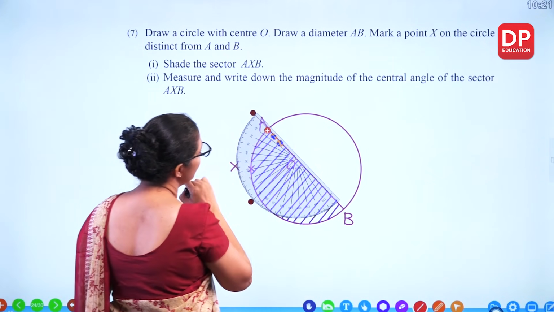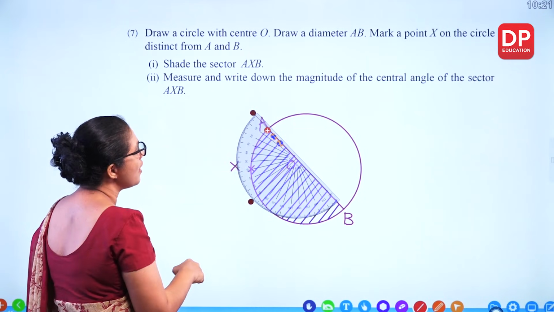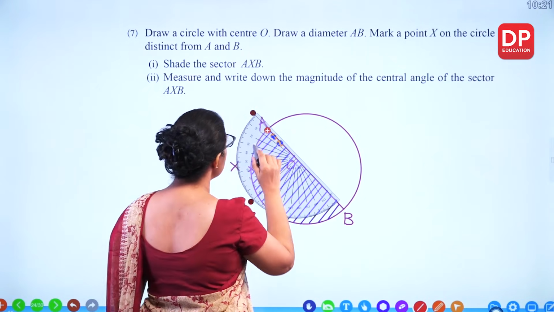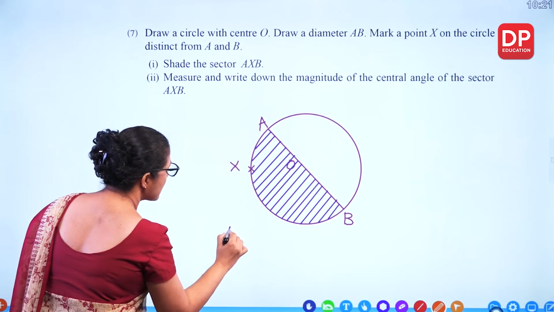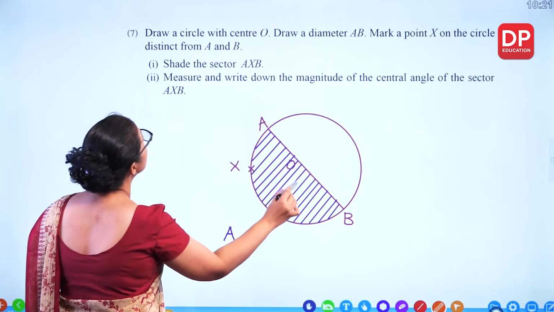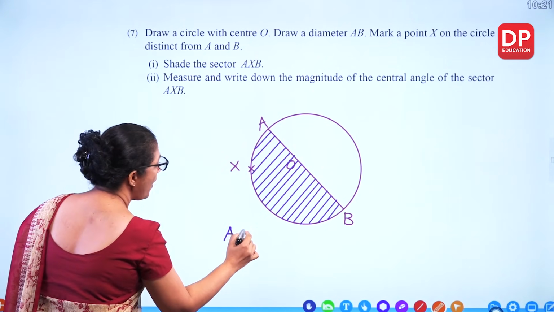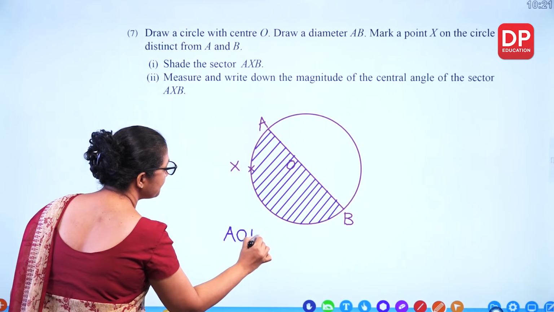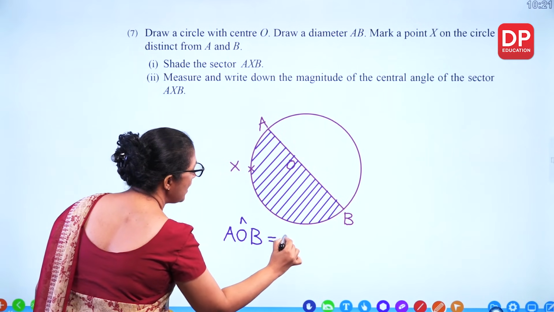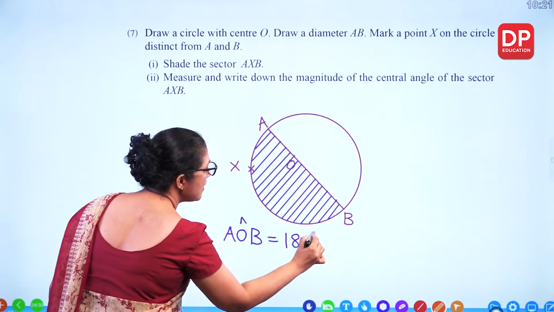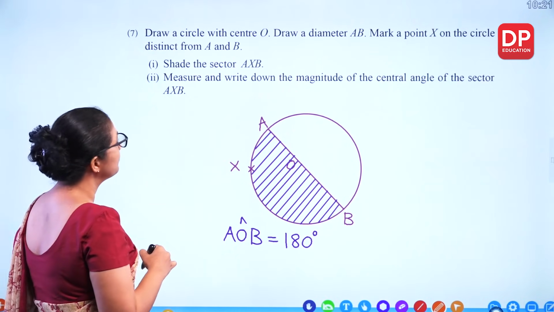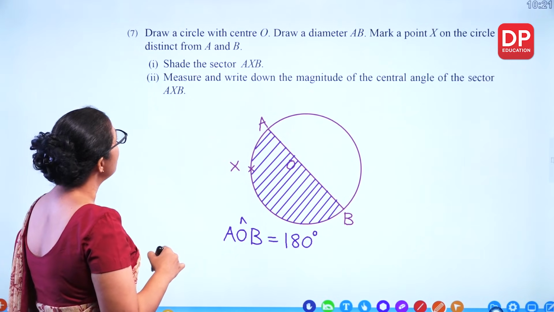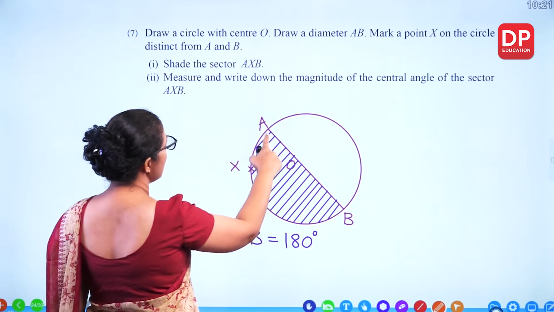Can you see? This is a straight line. So you get 180 degrees. So the central angle AOB is 180 degrees, and this is the sector AXB.